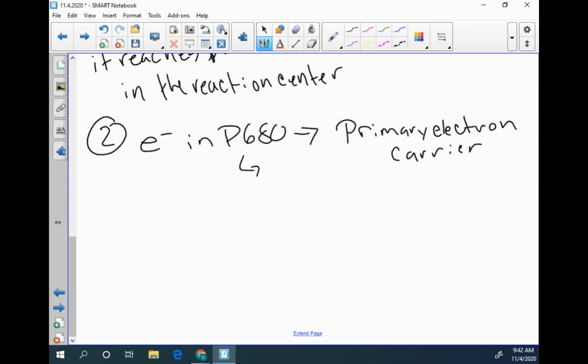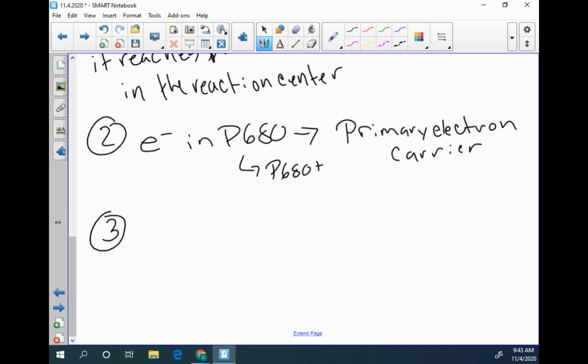Now, when it does transfer that electron, it'll become P680 plus. So when it has that electron, it's just P680. When it doesn't have the electron, it's P680 plus. So that's step 2. Our electron in those special chlorophyll molecules will go to our primary electron carrier.